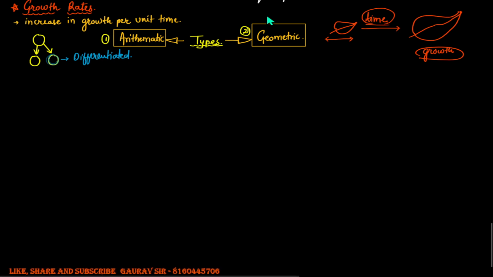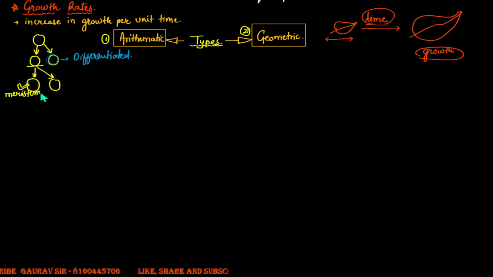However, the other cell will not lose its ability to divide and will divide again. So you have two cells formed once more. One of these two daughter cells will remain as meristem and would not lose its ability to divide. It would divide again and form two daughter cells.